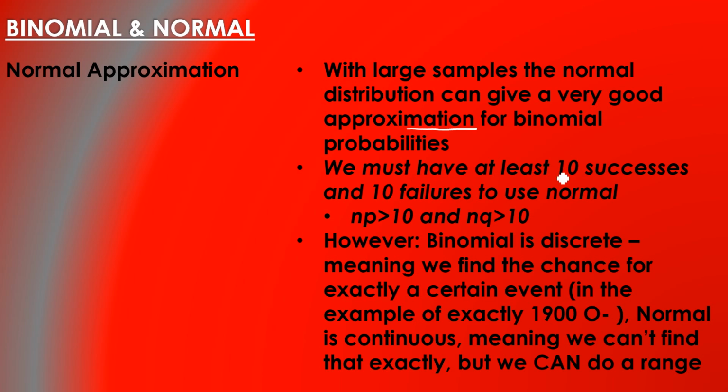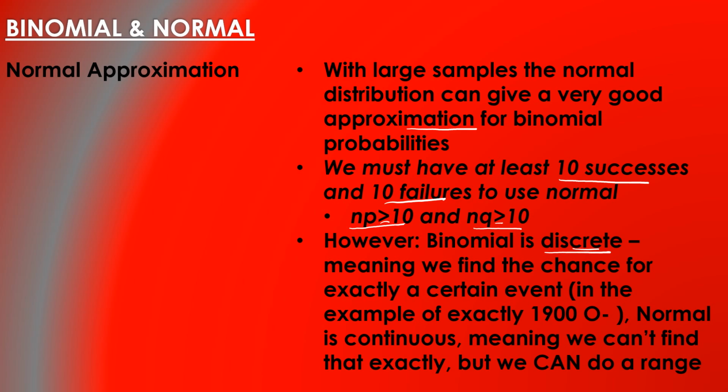So, the normal approximation: with large samples, the normal distribution can give us an approximation for the binomial probabilities. But we have to have at least 10 successes and 10 failures to use this normal approximation. That means NP has to be greater than or equal to 10, and NQ has to be greater than or equal to 10. But an important difference is this. The binomial probability is discrete, meaning we find only a couple of numbers.